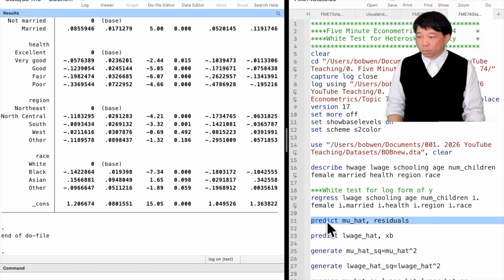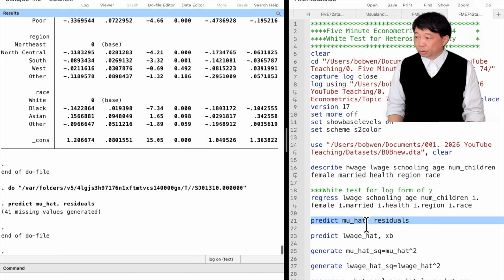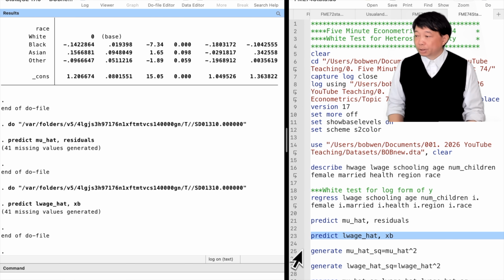After running the OLS regression, we use the predict command with the residuals option to store the OLS residuals for each observation in a new variable called mu_hat. The predict command with the xb option saves the fitted values.